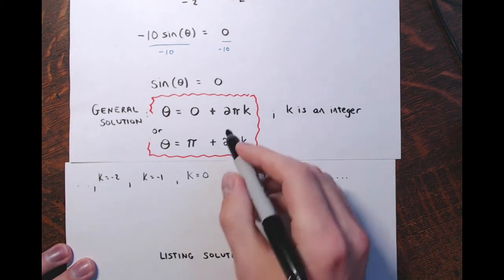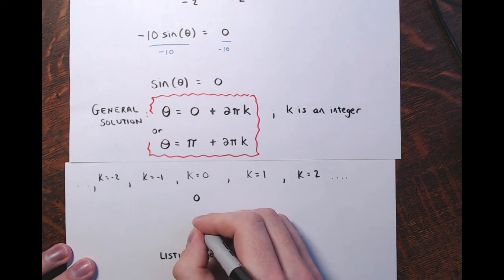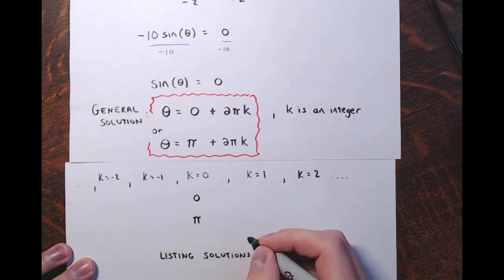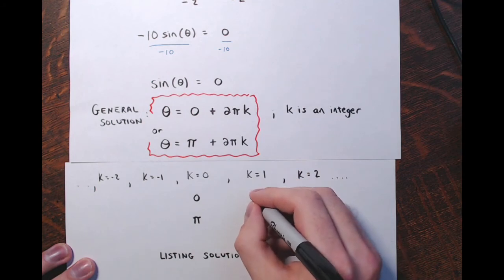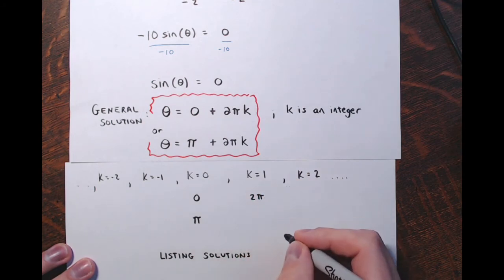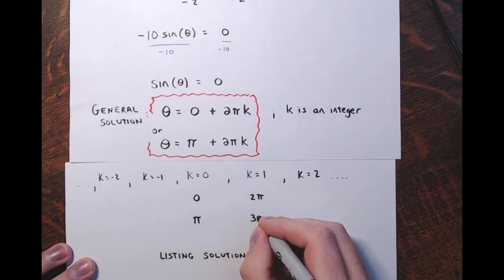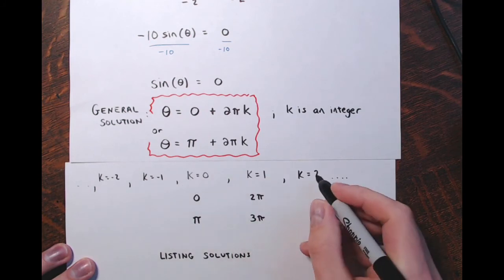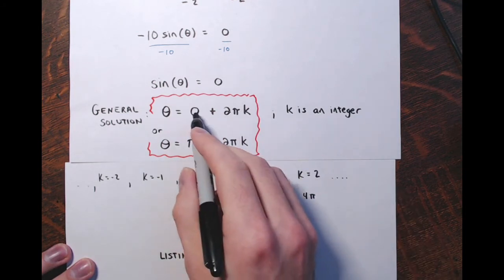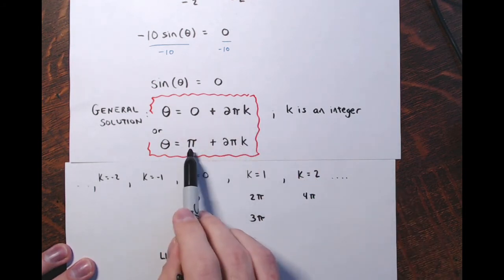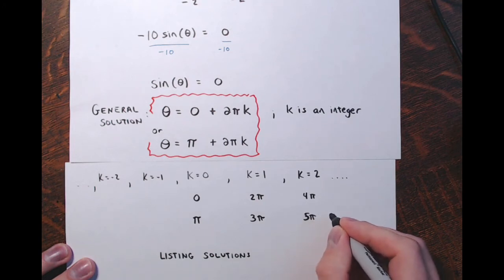But when k is 0, again, you get theta equals 0, theta equals pi. Those are some solutions. When k equals 1, add 2 pi to this, you get 2 pi would work. Add 2 pi to this, 3 pi. When k equals 2, you get 4 pi from that top one, 0 plus 4 pi, and then pi plus 4 pi is 5 pi, and so on.